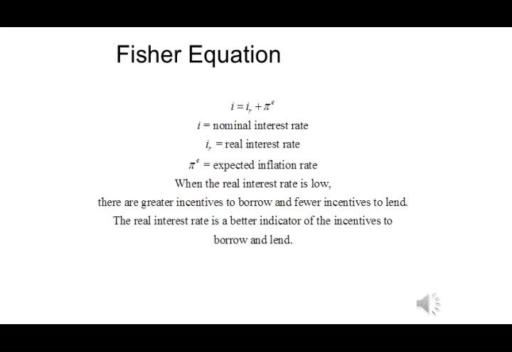It means that although you will receive 8% more dollars at the end of the year, you will pay 10% more for goods. So you will be able to purchase 2% fewer goods at the end of the year. You are worse off in real terms. So the real interest rate is a better indicator of the incentives to borrow and lend.